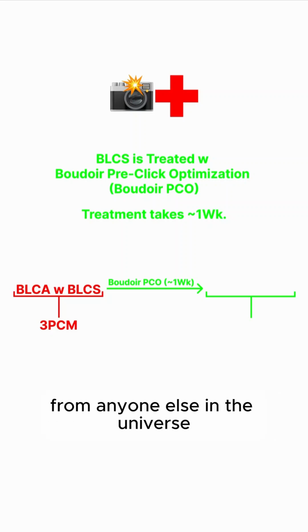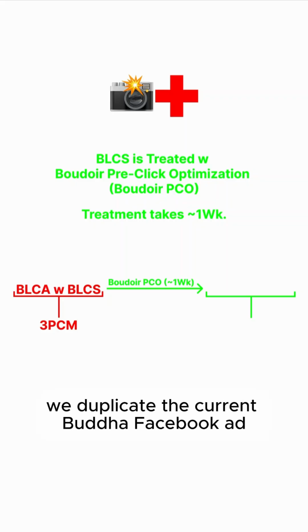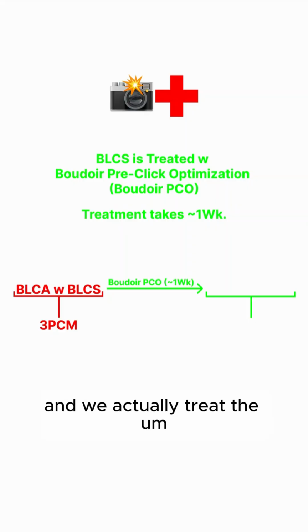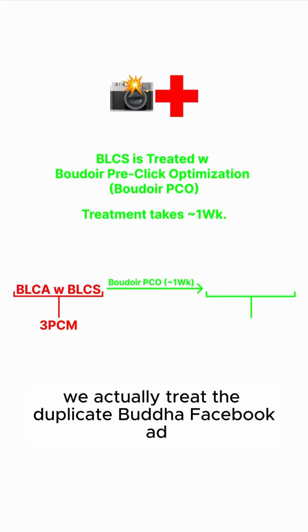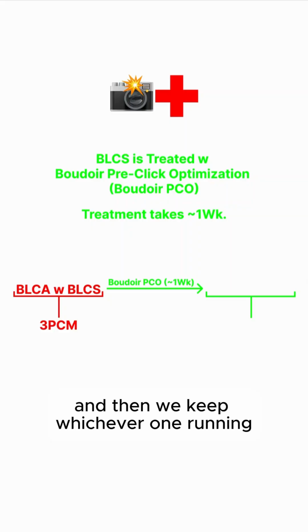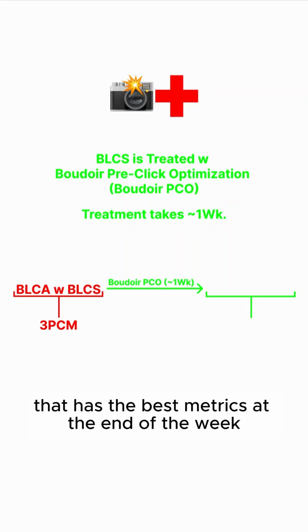Can't get this anywhere else from anyone else in the universe. What we do is duplicate the current Boudoir Facebook ad, leave the original as it is, and treat the duplicated Boudoir Facebook ad. That takes about a week, and then we keep whichever one has the best metrics running. And it's always been the Boudoir Pico treated ad that has the best metrics at the end of a week.